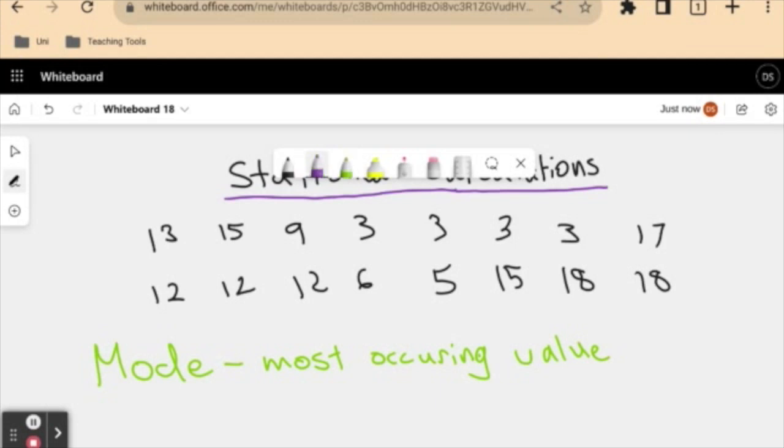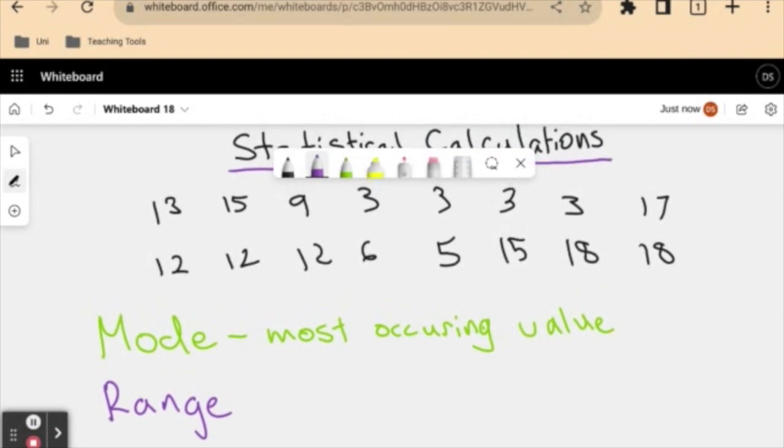Next, we're going to look at the range. So the range we can think of as the distance between the smallest and the largest value in our set. When you say, for example, I have a range of hobbies or interests, the range is sort of the total scope of what you're talking about.